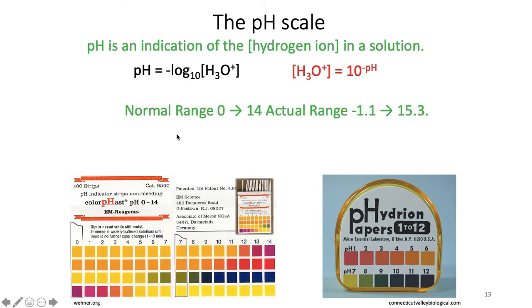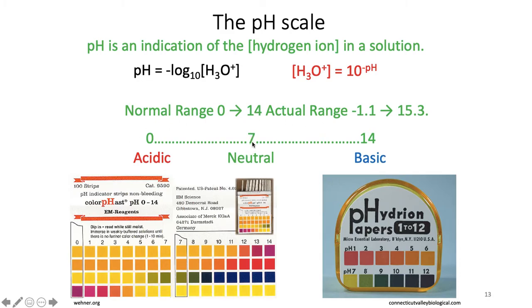Now, the normal range that we deal with when we talk about the pH scale is from 0 to 14. The actual range is a little larger than that, but we're going to deal mainly with 0 to 14. We have all either used litmus paper or have some idea of a pH meter, how to measure the pH. But here's what the scale looks like.